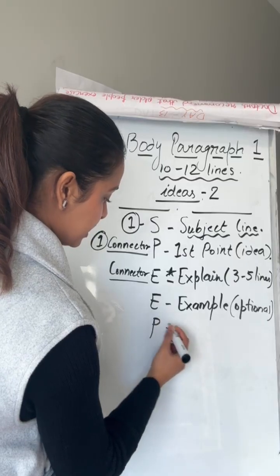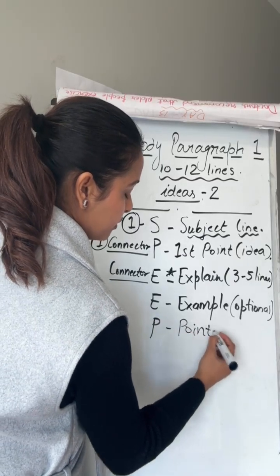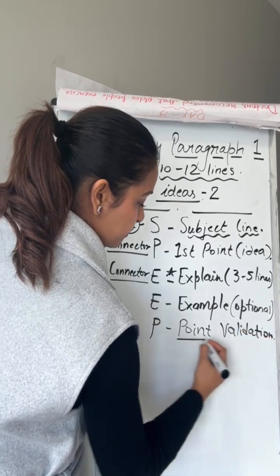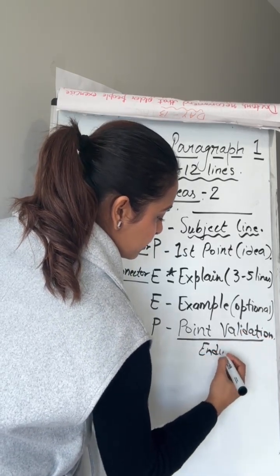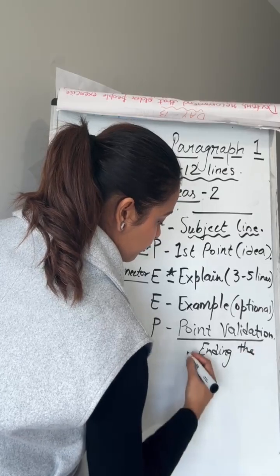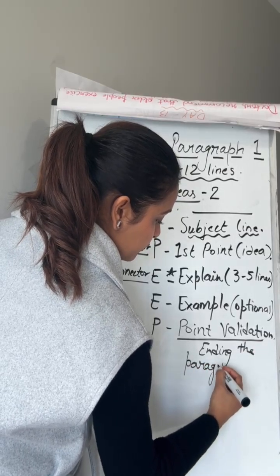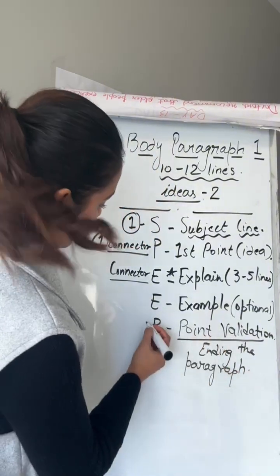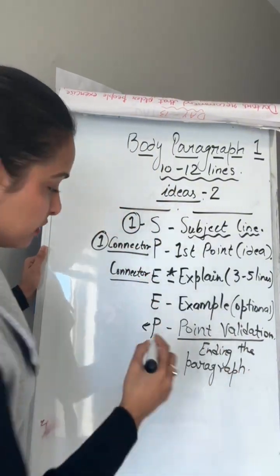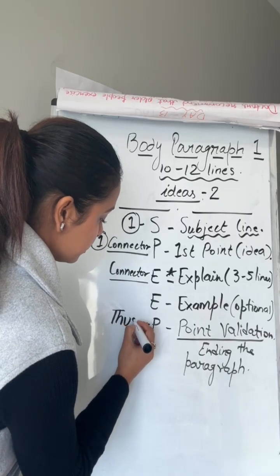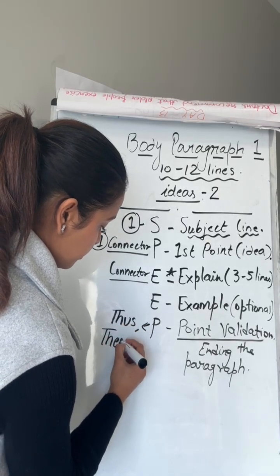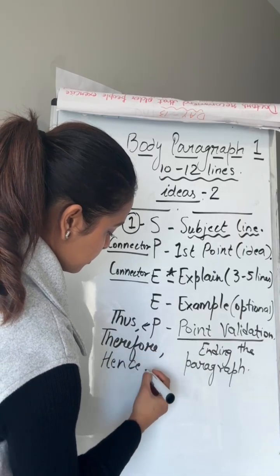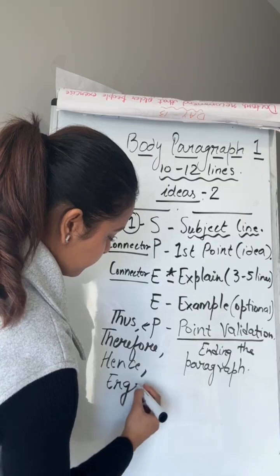The last P stands for point validation. Point validation means ending the paragraph. We'll end the paragraph by validating our point, and here we will use connectors, which can be thus, therefore, hence, or ergo.